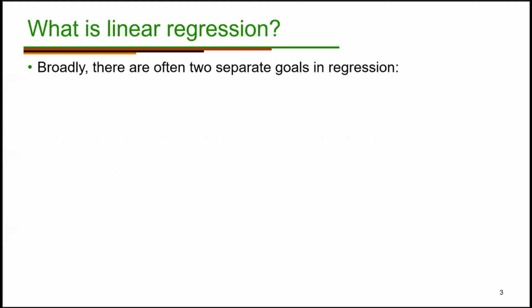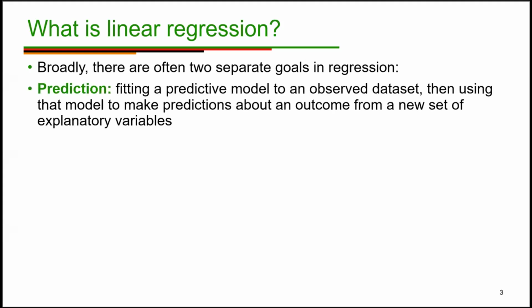So broadly speaking, when we're talking about linear regression, there are basically two goals, and perhaps for other regressions as well. The first approach is what we call prediction, and in this approach, we want to fit what we term a predictive model to a data set.